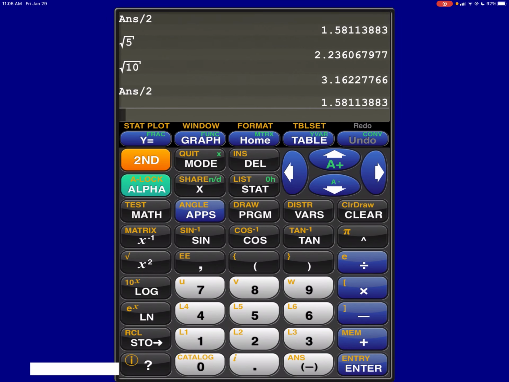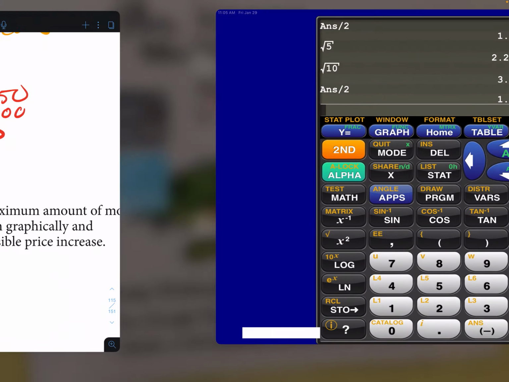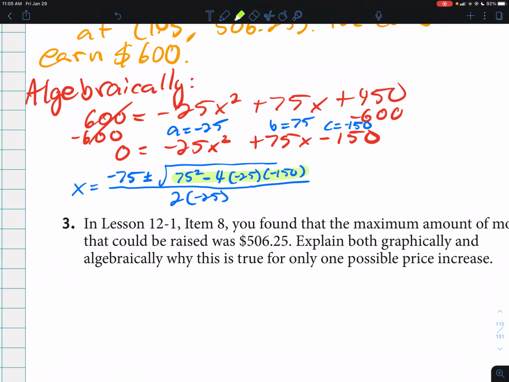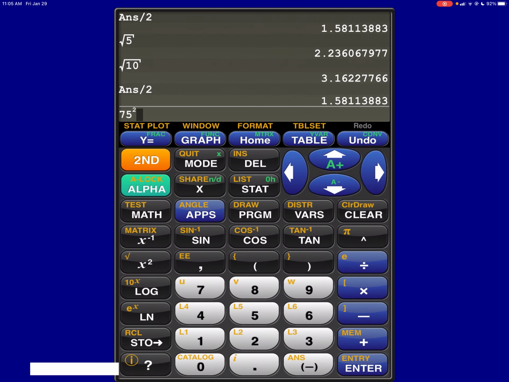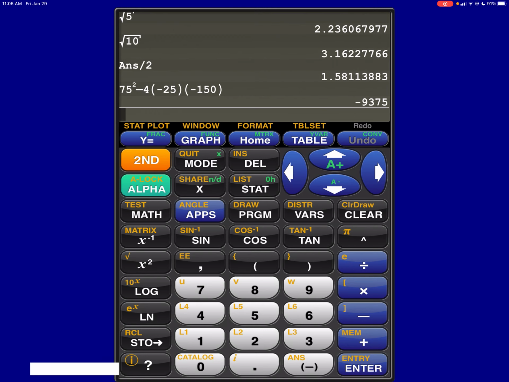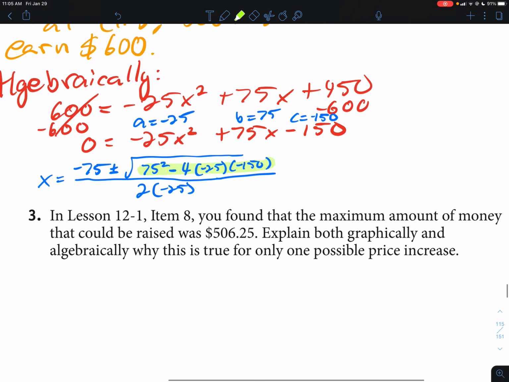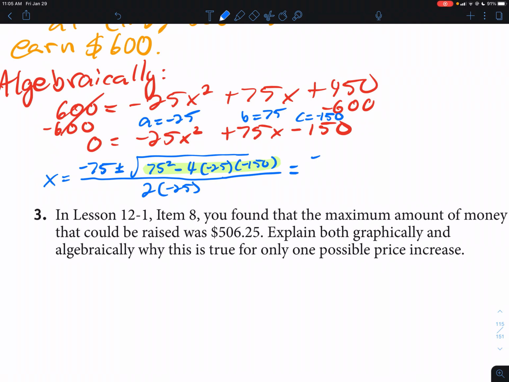So it was 75 squared minus 4 times negative 25 times negative 150. And that gives me negative 9,375, all over negative 50.